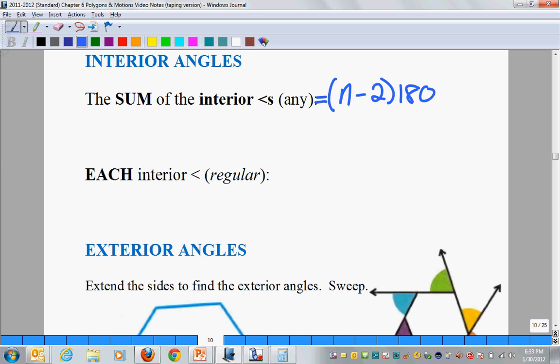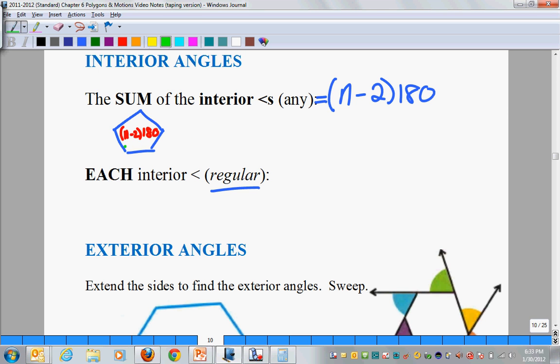So if I want a single one, and if it's regular, for example, let's say I have a pentagon here, and I wanted the sum of all the angles, I would do n minus 2 times 180.